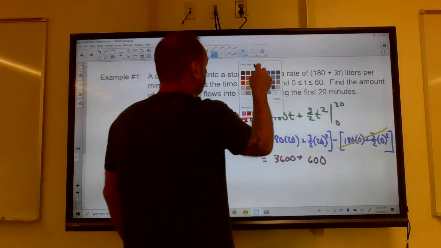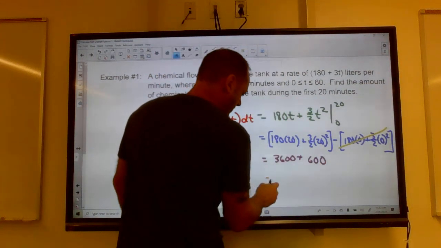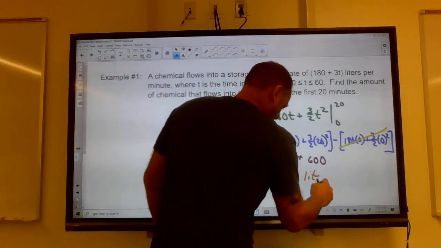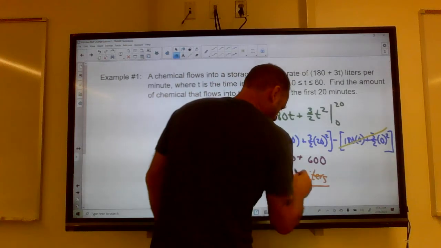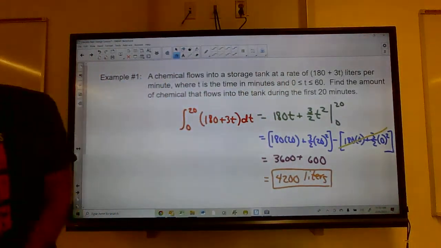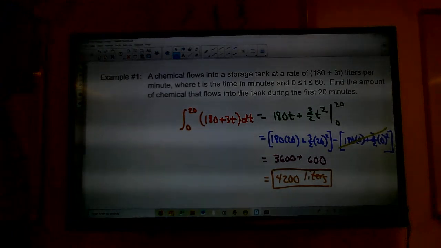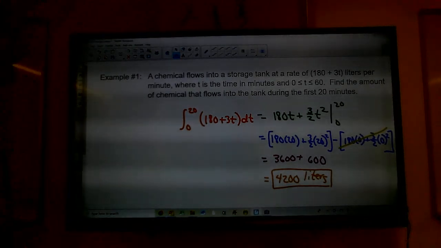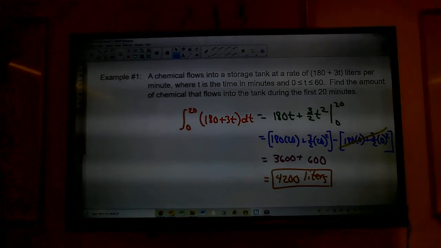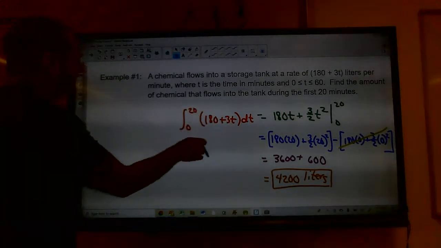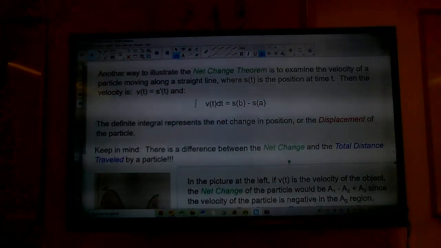Okay, and this is going to come out to be 4,200 liters. Okay, so that's the change in the amount of liters. That's how many liters of the chemical are going to go in the tank in the first 20 minutes. So not real difficult.